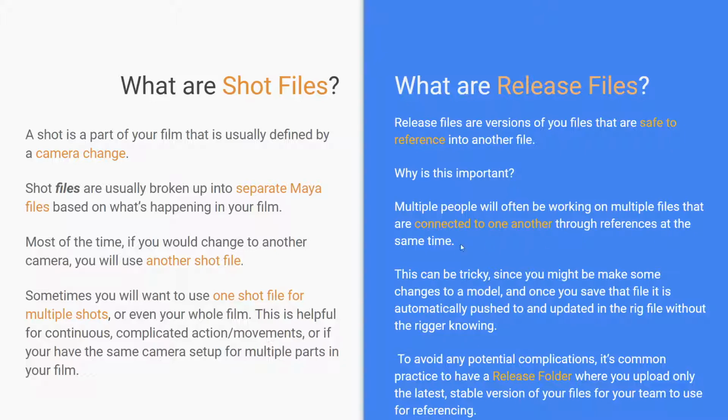So why is this important? Multiple people will often be working on a lot of files in your group. So you're doing a group project and everybody's working at the same time, and a lot of these files are connected to one another through references.